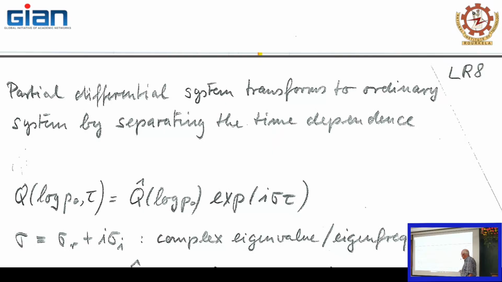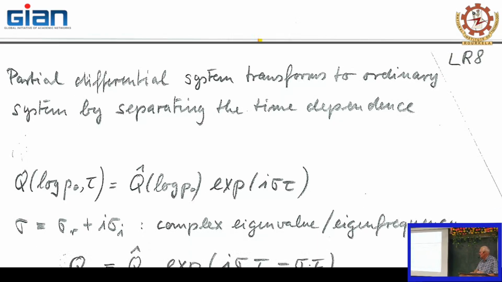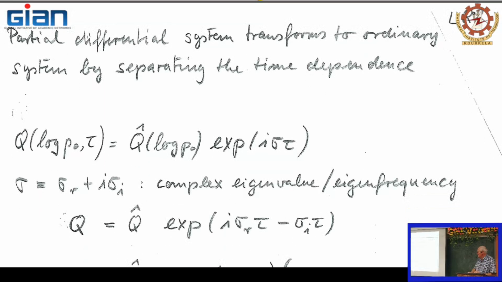This sigma is a complex quantity. It's called the complex eigenfrequency, or the complex eigenvalue of our system. It may be written in terms of a real part, sigma_r, plus i sigma_i. What do these eigenvalues tell us? Well, let's consider the time dependence explicitly. Then q will be given by q hat times the exponential. Now take the real part.